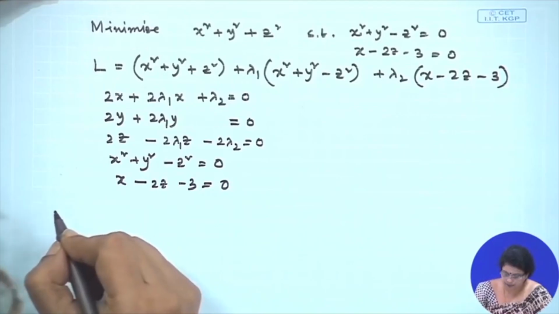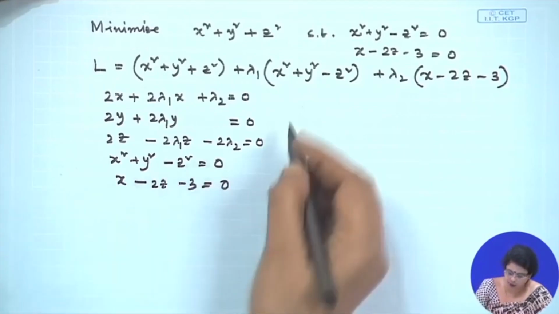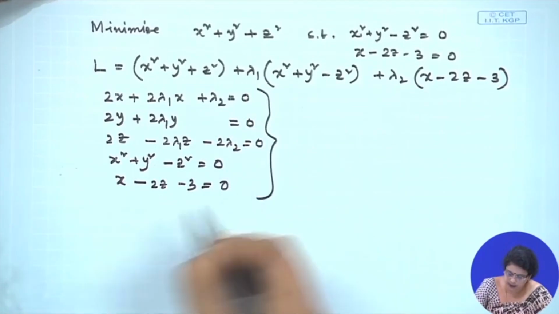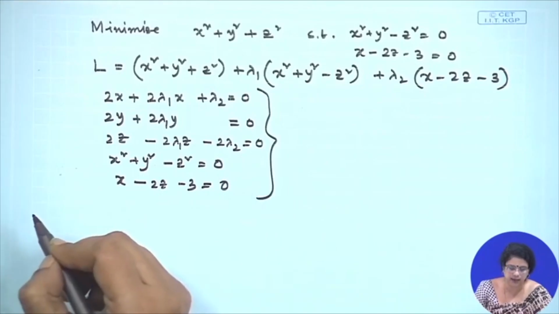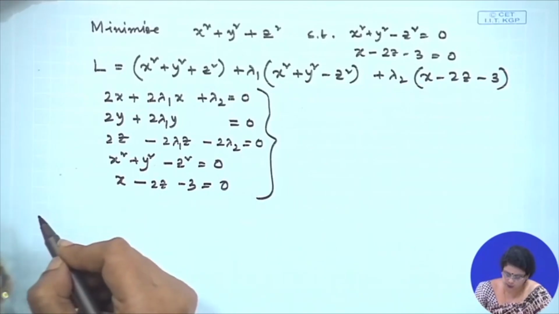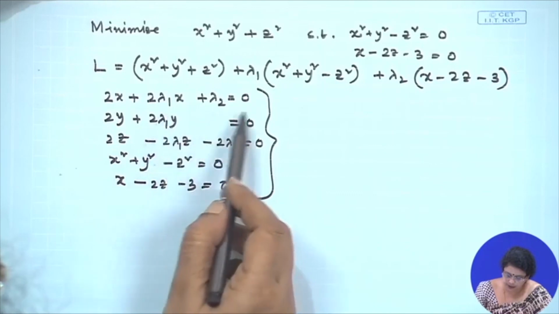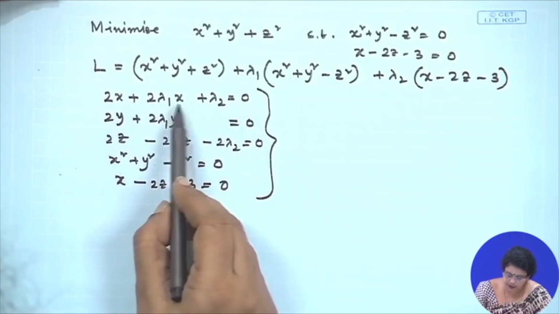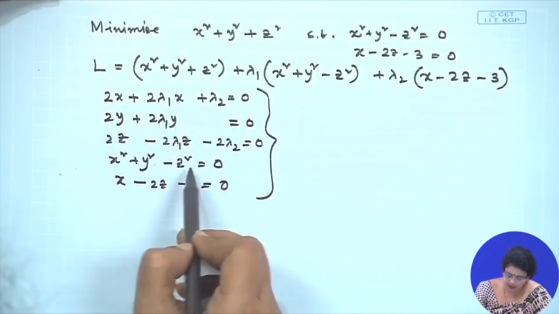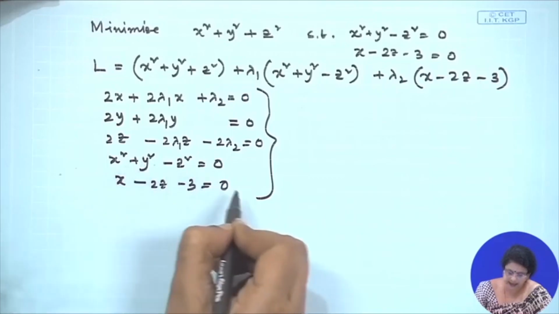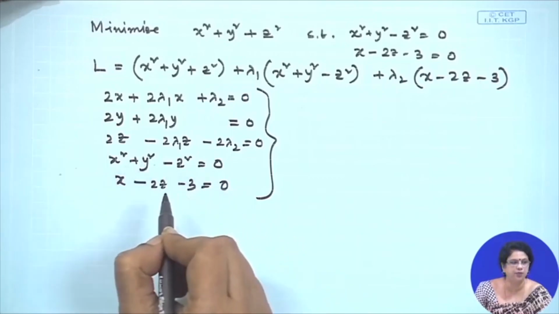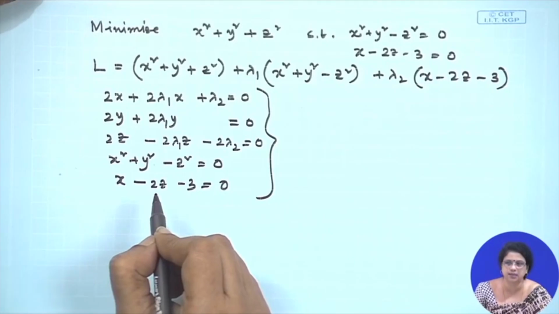Now, you see we are having two constraints together. One is lambda 1 and another one is lambda 2. Now, if we substitute the value of x, y and z in these cases, we will have different combinations of lambdas.